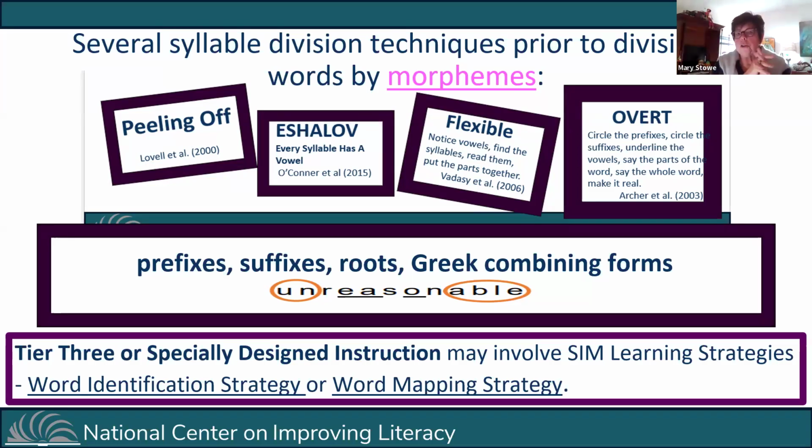So we know at tier one for older students, we're going to directly teach them morphology. Morphology is in the standards, so we must be teaching morphology. For students that are beginning to struggle, they must understand the basics of syllable types, but they also must understand how to divide words into syllables, and they also must understand how to divide morphemes.